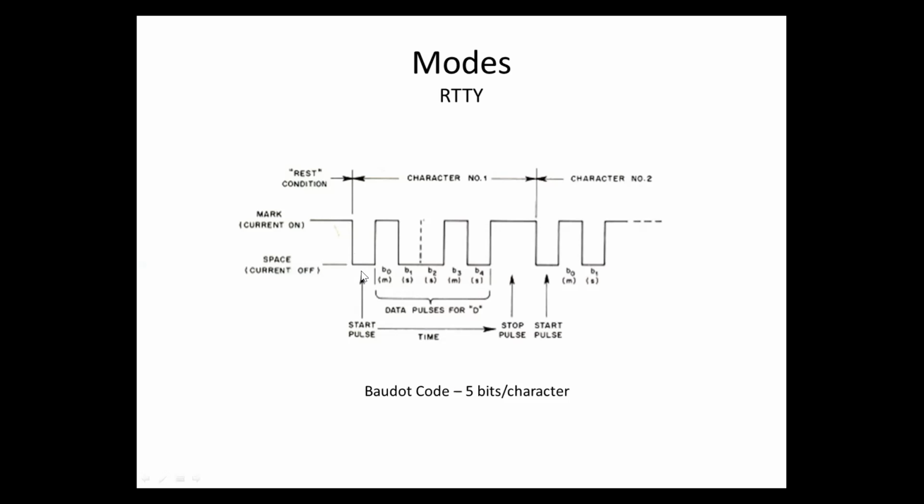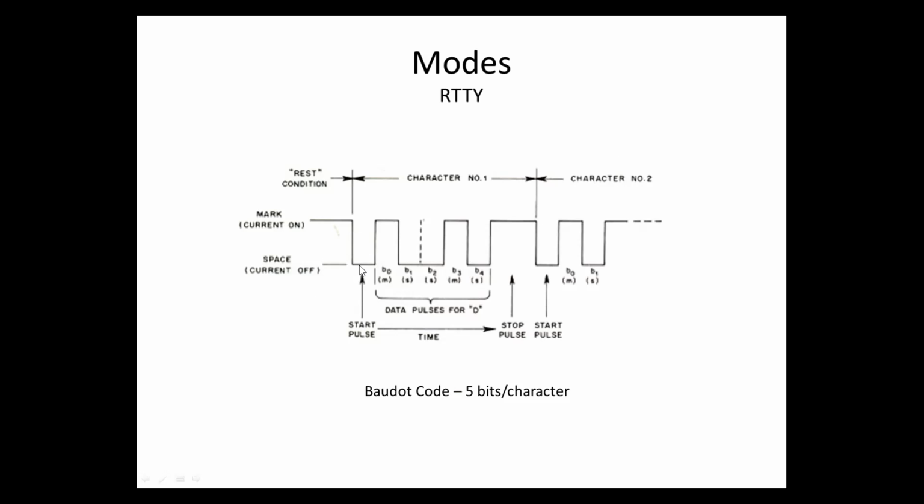And this just shows the timing diagram that's the standard for RTTY. You really don't need to know much, if anything, about this unless you're designing equipment or software to use RTTY.